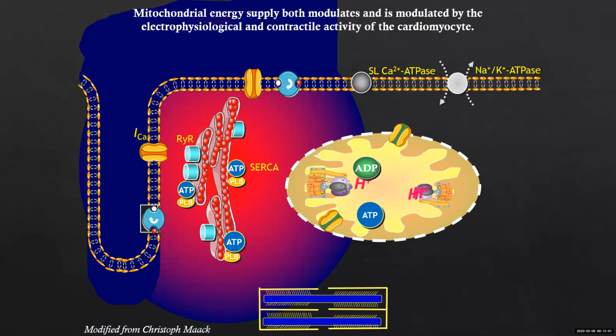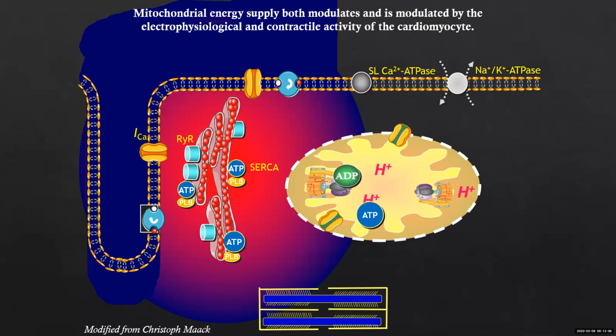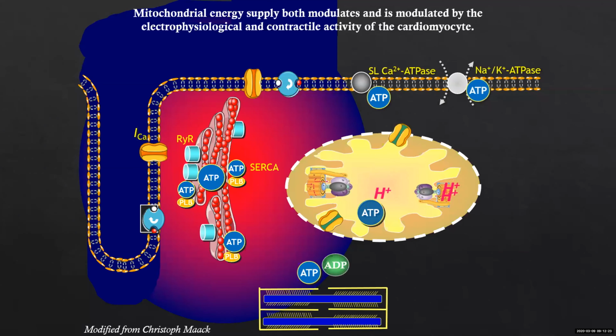The scheme represents a basic view of the heart cell, in which we see the plasmalemma, which in skeletal cardiac muscle is called sarcolemma, and we also see the contractile machinery and the power grid of the heart, which is the mitochondrial network.